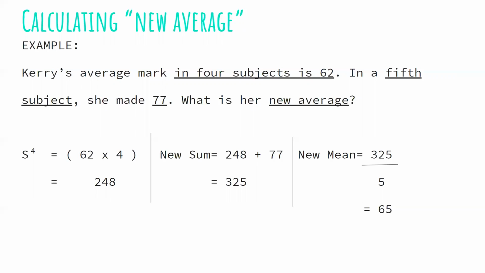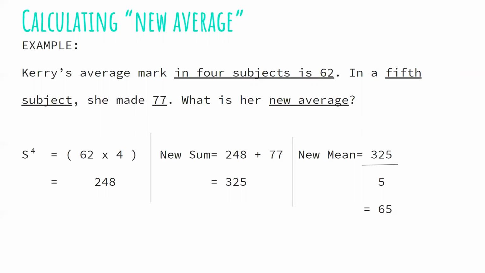So we take that sum and we add it to 77, the 5th subject. Now, what does this answer represent? It's 325. It represents the sum of Carrie's 5 subjects.